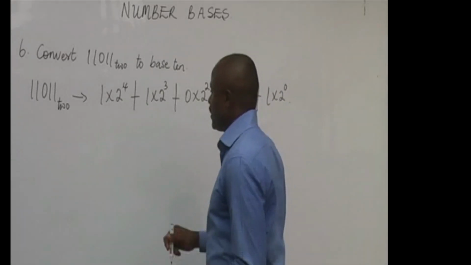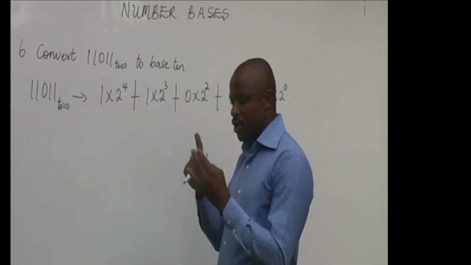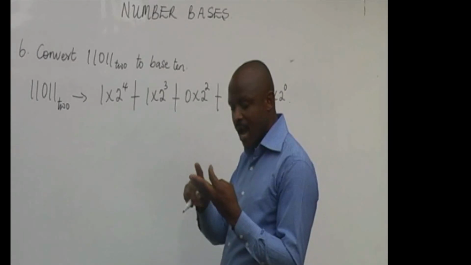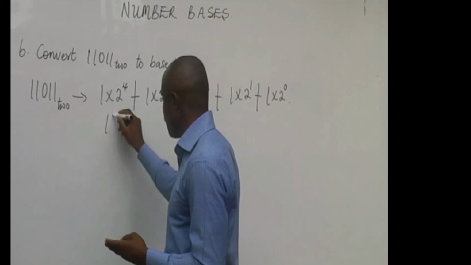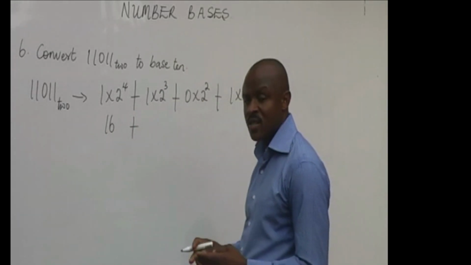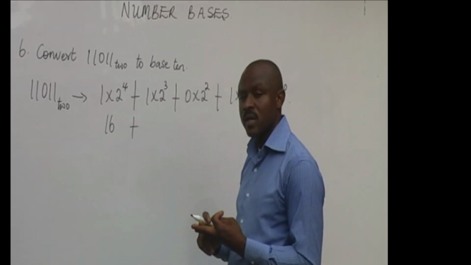Now simplify. 2 exponent 4 means 2 times 2, 4 times 2, 8 times 2, 16. So 16 times 1 will give you 16. Plus, 2 exponent 3 is 8. It means 2 times 2, 4 times 2, 8.